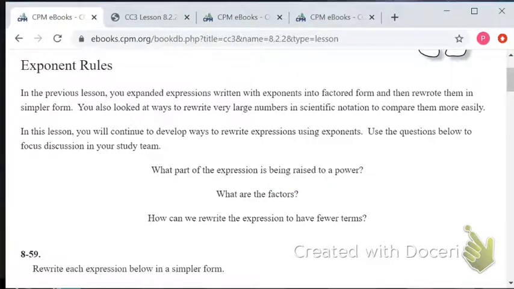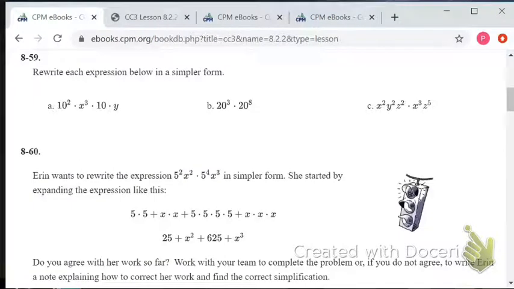Okay, we're going to go ahead and start out at 8-59 right now. And let's take a look at this. So we have 10 squared times x cubed times 10 times y for problem A. If you recall, this 10 has a power of 1, that y has a power of 1.